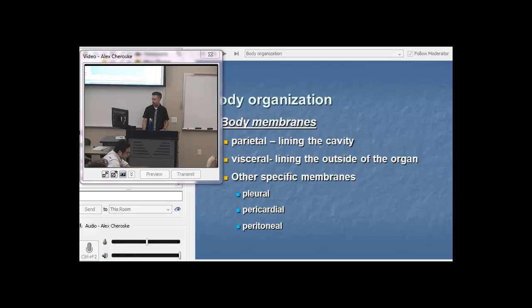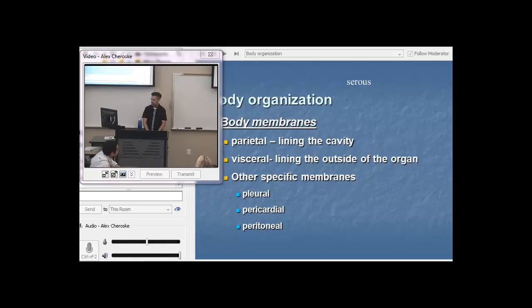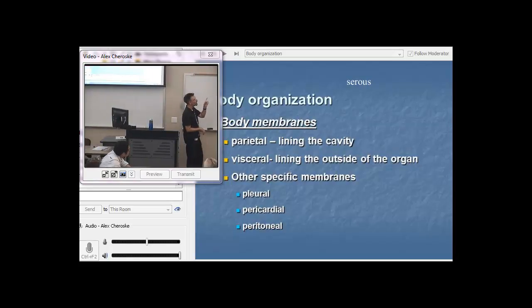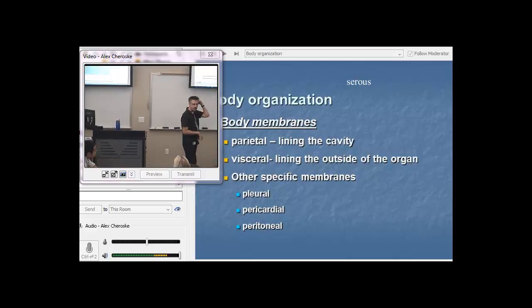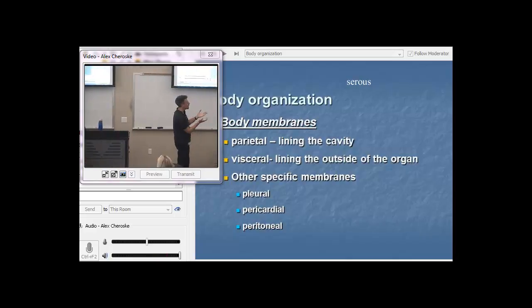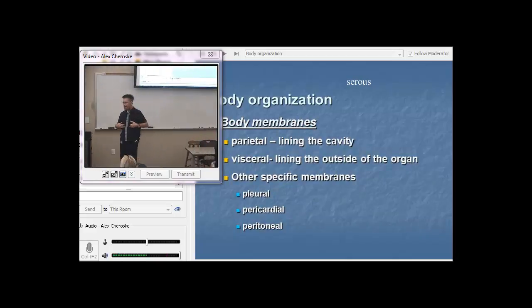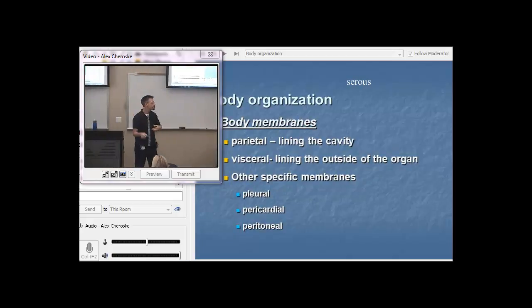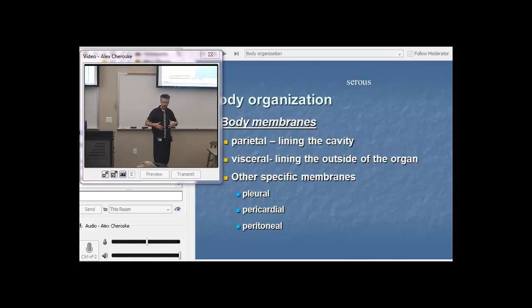The larger category of these membranes are called serous membranes. Now that word looks like serious, but notice that there's no I on it. It's serous. Serous membranes are membranes that line organs and cavities that don't open up to the outside. So we're talking about things that are contained within the abdominal pelvic cavity, like on the outside of the stomach and the outside of the liver.